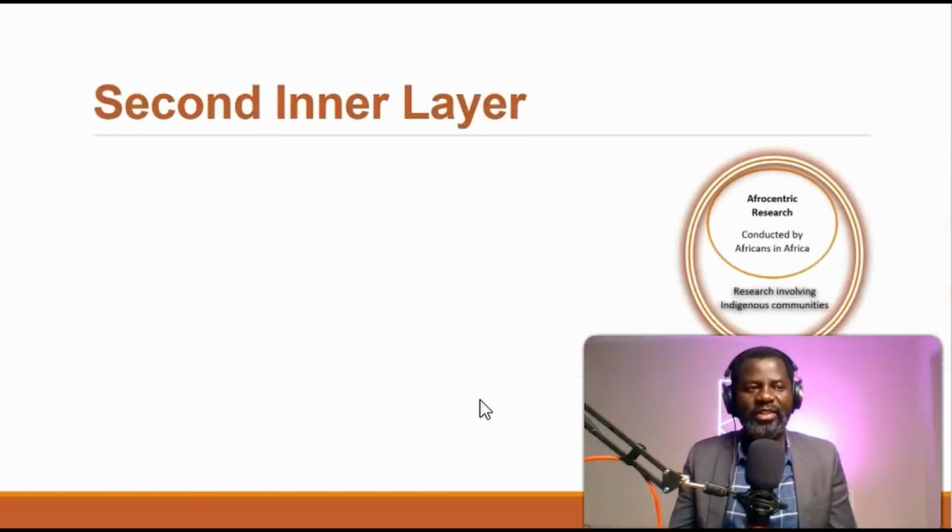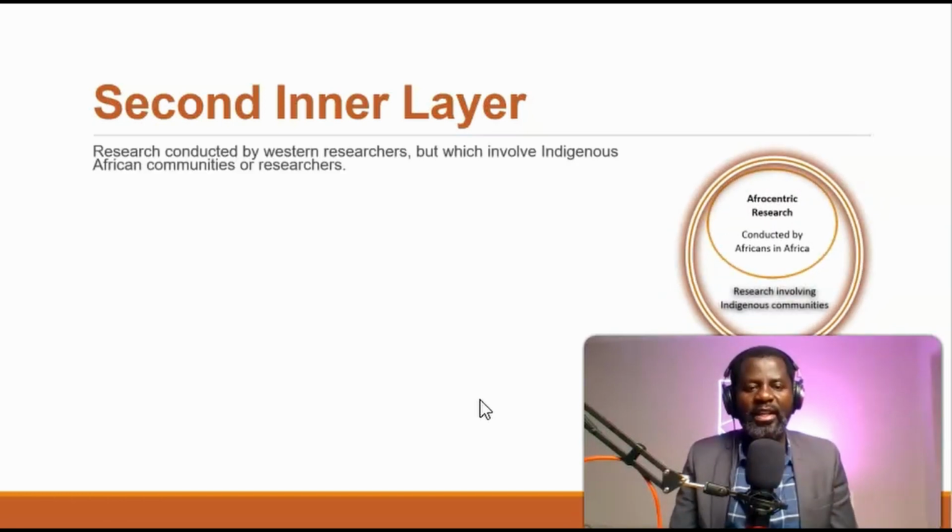Let's look at research in the second inner layer. This kind of research is conducted by Western researchers but involves indigenous communities or researchers. So this is a level where Western researchers partner with some members of the communities in Africa and they conduct research.